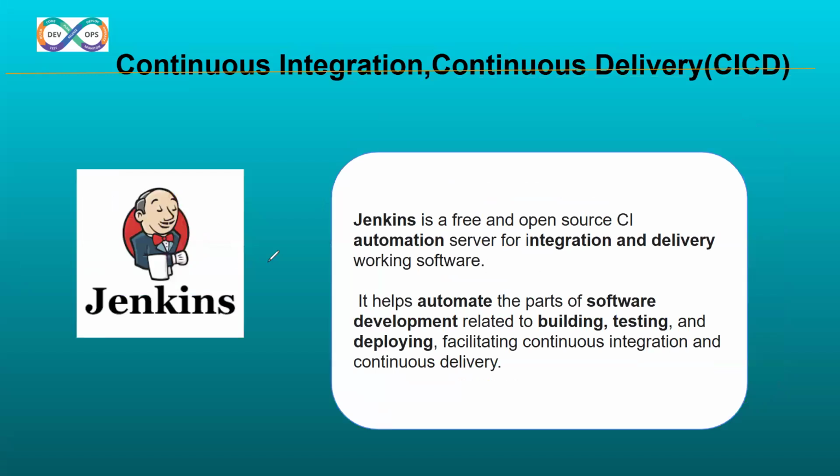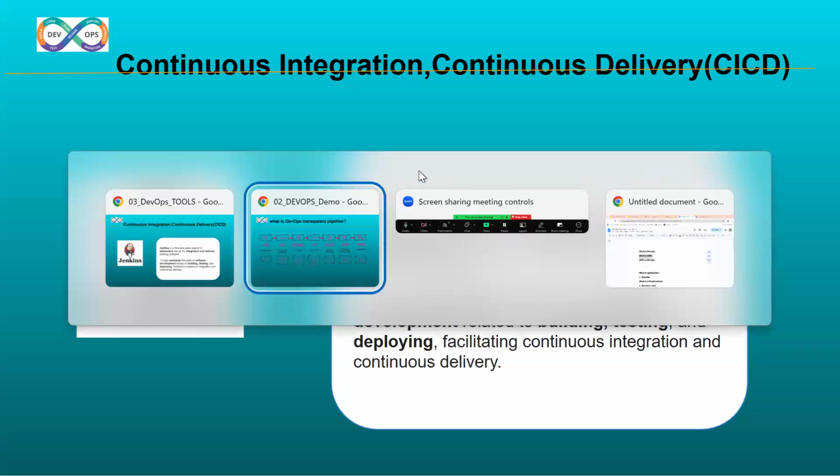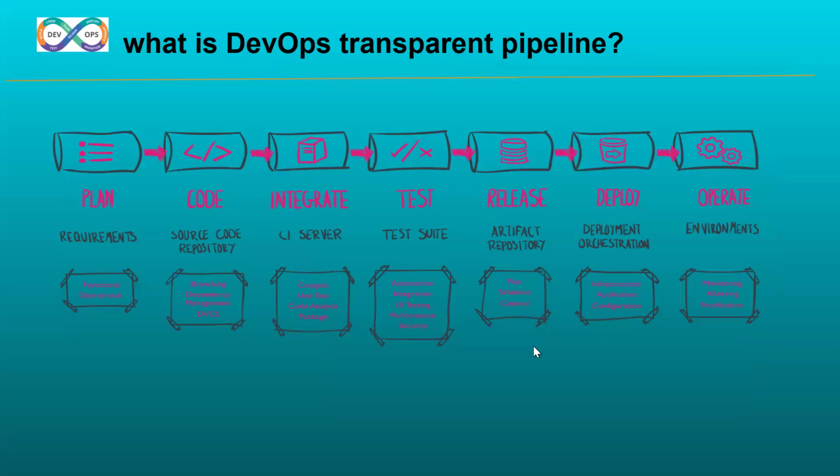Jenkins is a CI/CD tool, simply what you call a continuous integration automation tool. With the help of Jenkins, we are going to implement continuous integration and continuous delivery: continuously integrating all our developers' lines of code, making working software, and continuously delivering it.